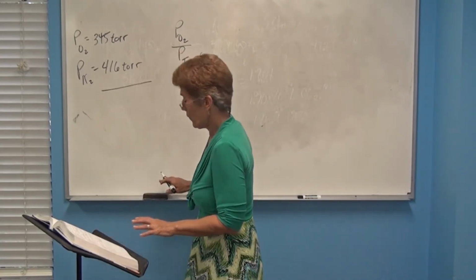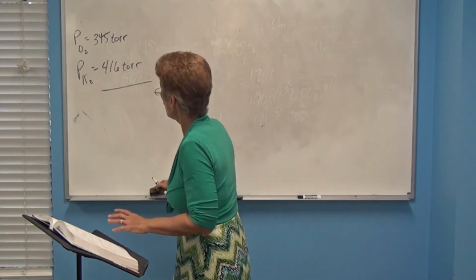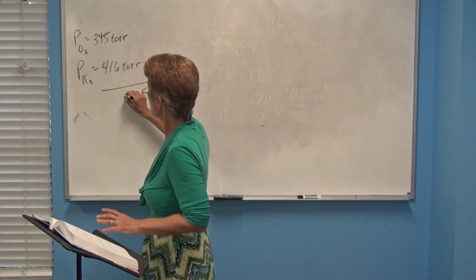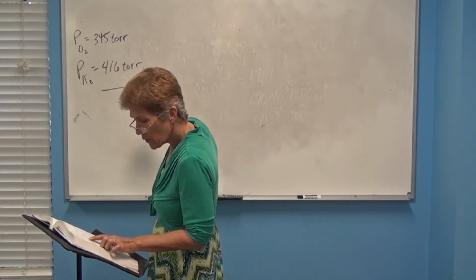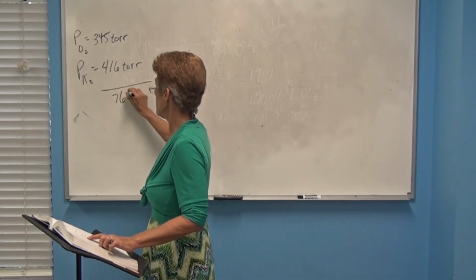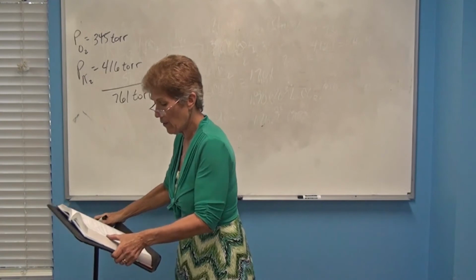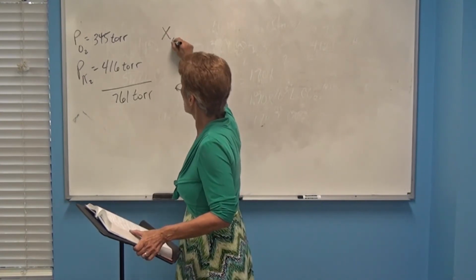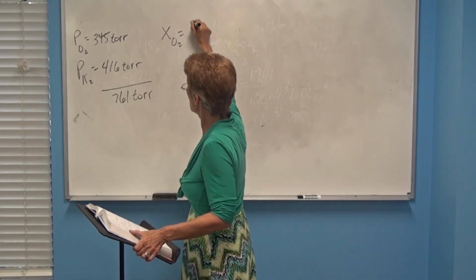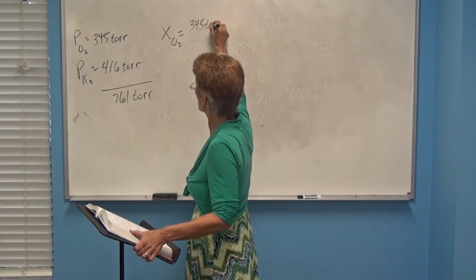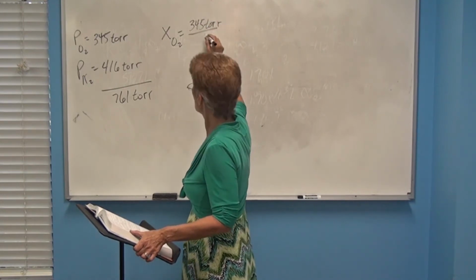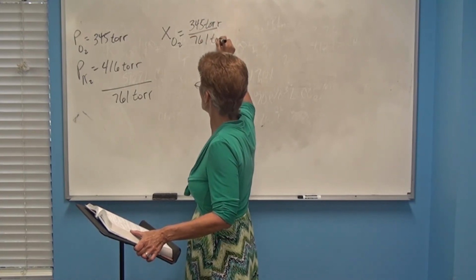And so the total here, when you add these two up, is 761 torr. So if we want the fraction of oxygen, we would go 345 torr divided by 761 torr.